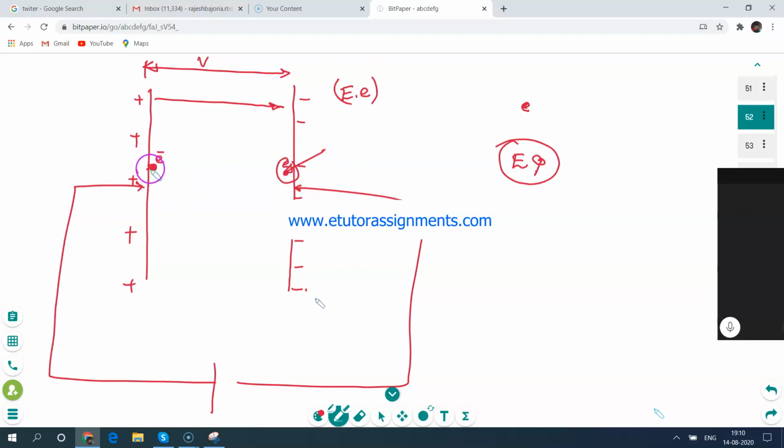But unfortunately it is already here, and the positive plate and the electron attract each other. It will not be allowed to move this side, so the electric potential energy here will be 0. But if I take a proton here, with positive charge Q, the energy is E times Q. Agreed? Yes, sir.